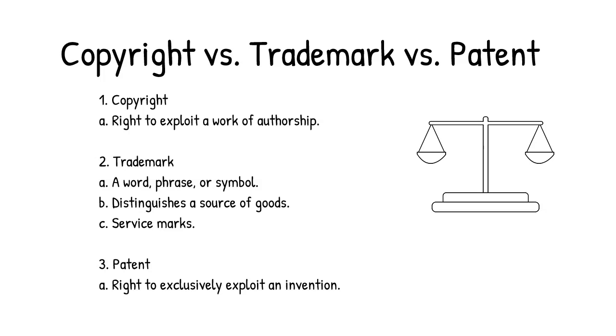And so for consumers, that could be confusing. And in trademark law, when you have a trademark infringement claim, that's exactly what is alleged. That one company has used a word, phrase, or symbol that is so close to the trademark of another company that it's causing confusion for consumers.